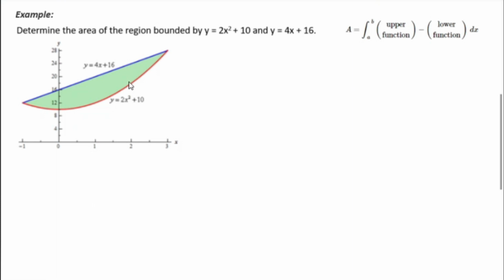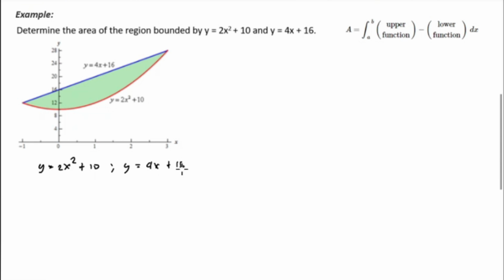However, we don't have the given limits. By using the two functions, we can derive the limits based on x value. y equals 2x squared plus 10, and the other y equals 4x plus 16.